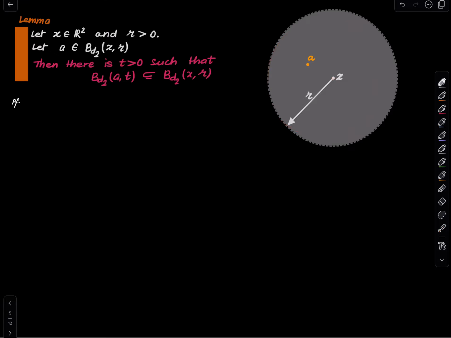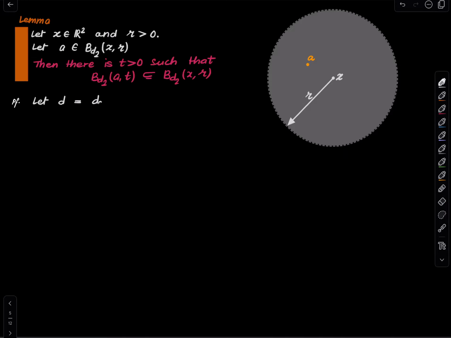Okay, the proof is very, very simple. So let's say the distance between A and X is something.